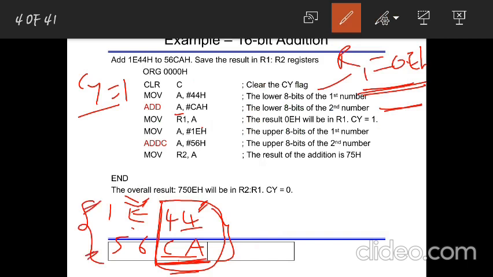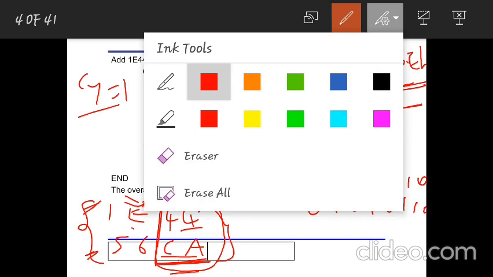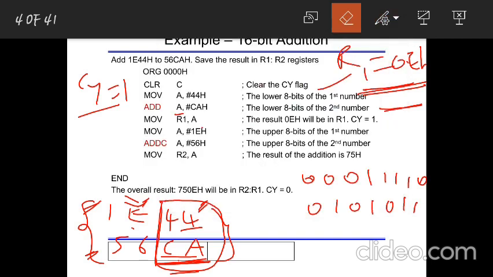That again I will write in binary. 1 means 0001, E means 1110. Next 56: 5 means 0101, 6 means 0110. Okay, here I don't have sufficient place.